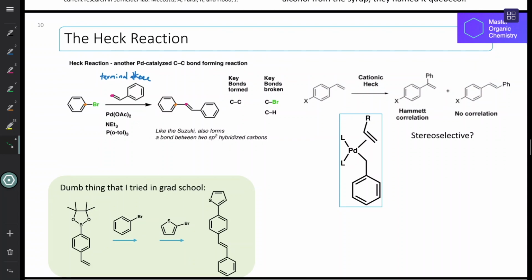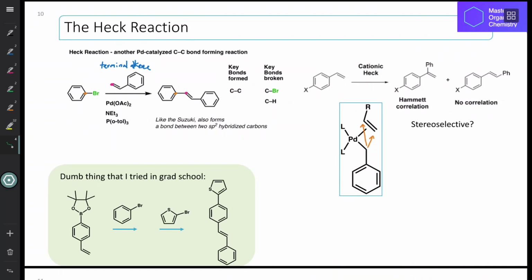But basically, at one point, the palladium is holding the alkene via that double bond. And it can sort of choose to pair these up in either way. And that will give you a mixture of products. You can totally control this, but it makes the Heck reaction not as clean as a lot of other cross-coupling reactions.